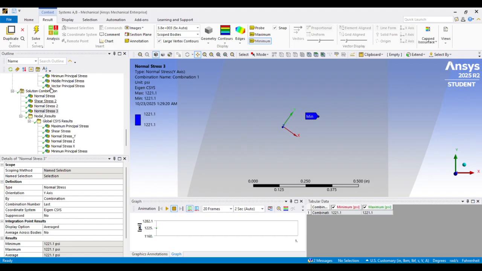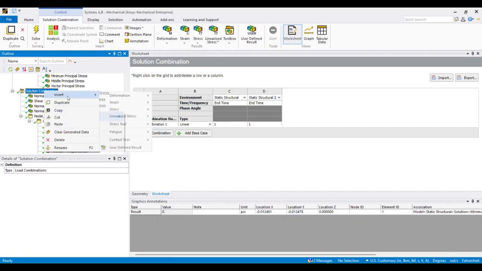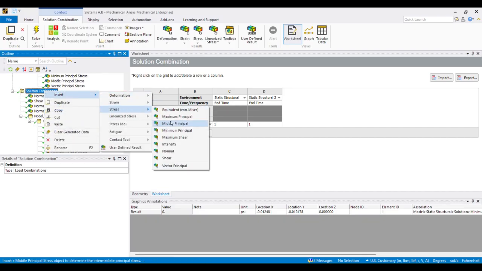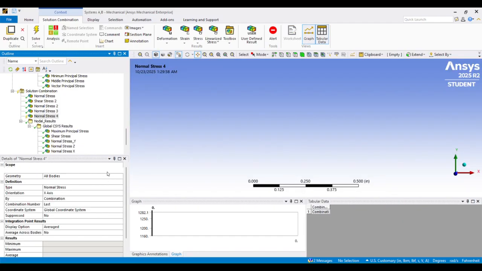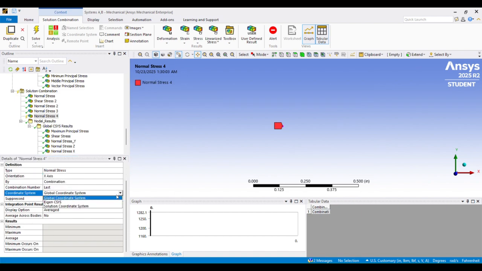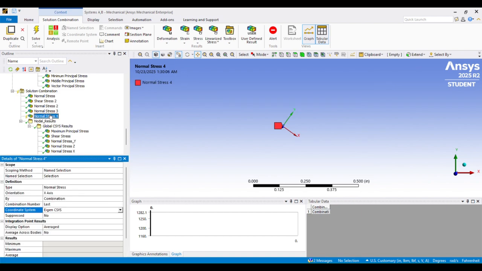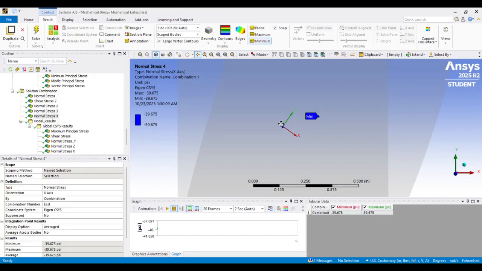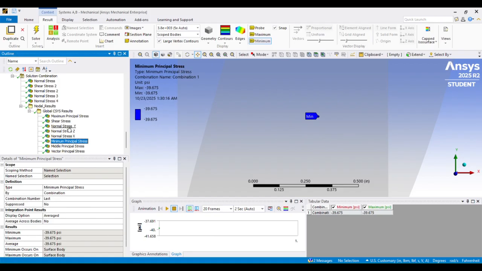And for completeness, we'll go through and do the x direction stress in that local coordinate system. Click solve. And there we get minus 39.675, which agrees with our minimum principal stress.